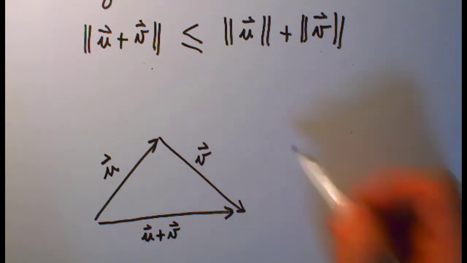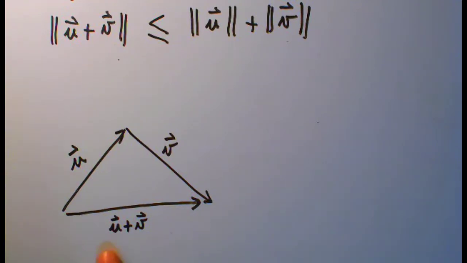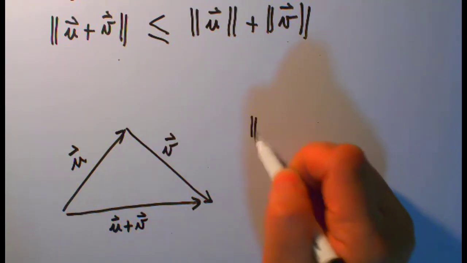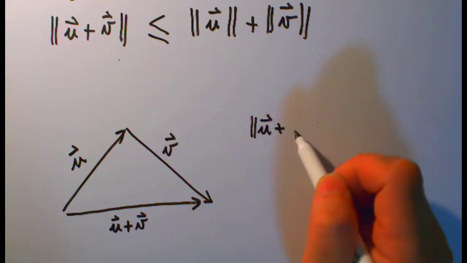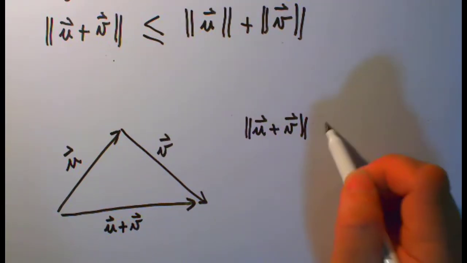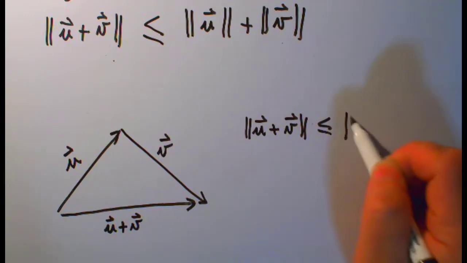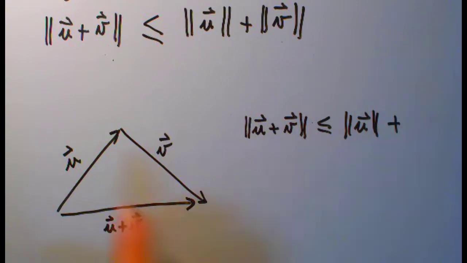Well, right here, what I see is the length of u plus v, but in this picture as the length of one edge of my triangle, it simply has to be less than or equal to the sum of the other two lengths. The other two lengths are the length of u and the length of v.